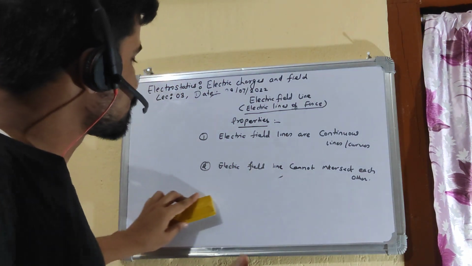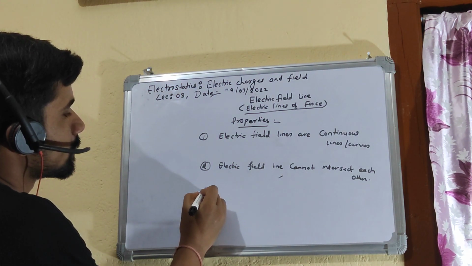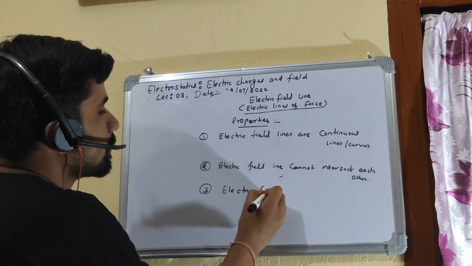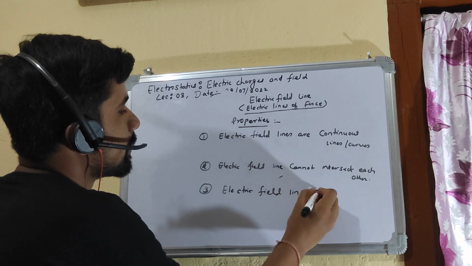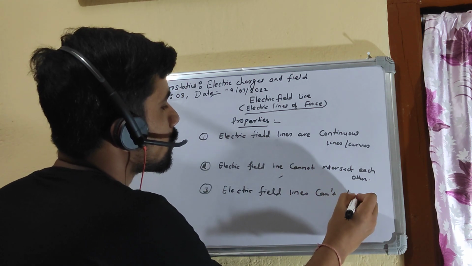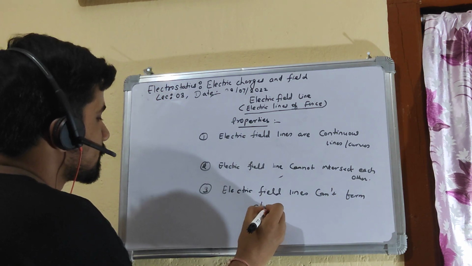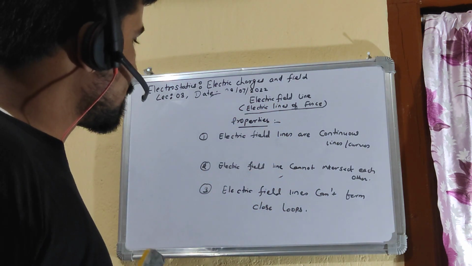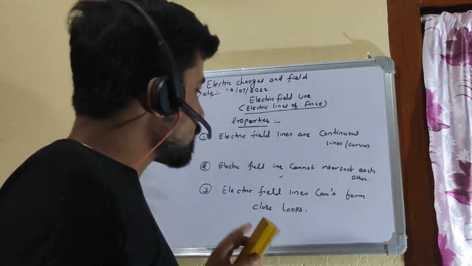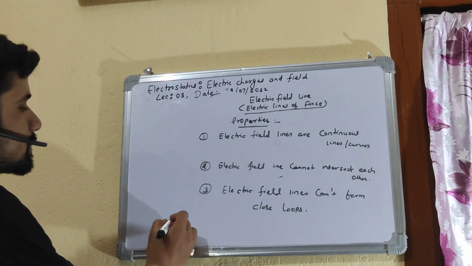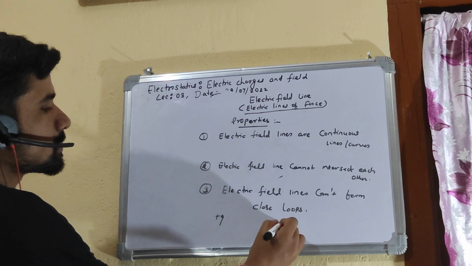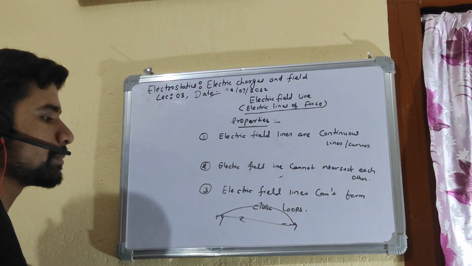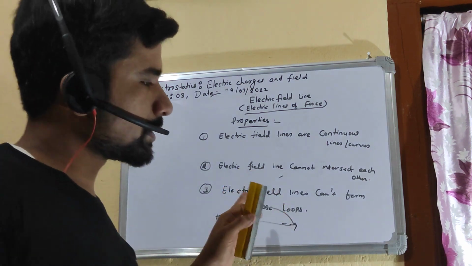And third, electric field lines cannot form closed loops, right? So we will discuss this in detail in later chapters, but as of now, you can just understand that if a line has originated from plus q and entered minus q, it can't revert back and go to plus q, like you would have seen somewhere in magnetic field lines.